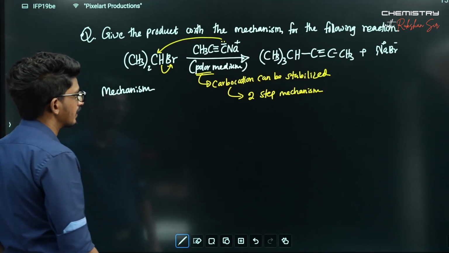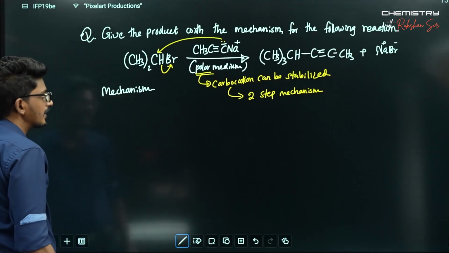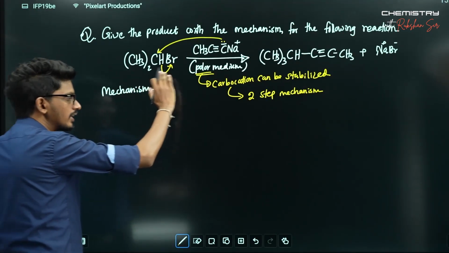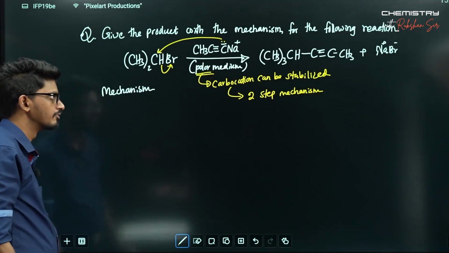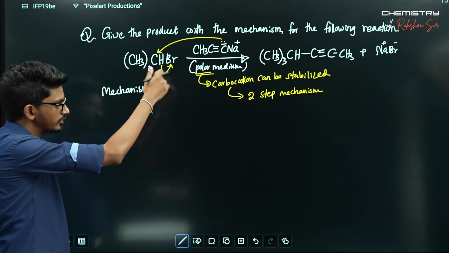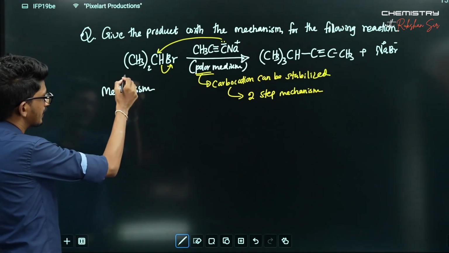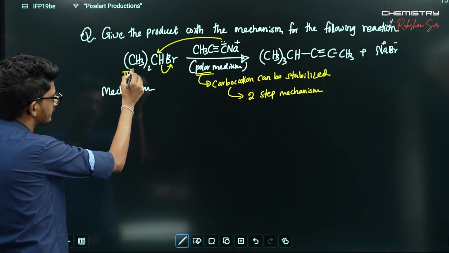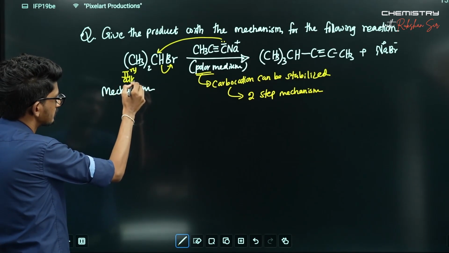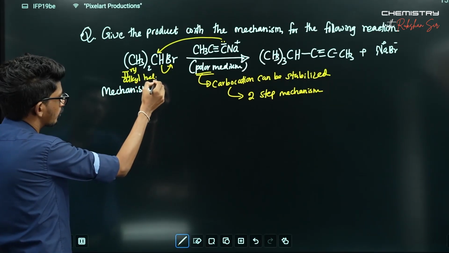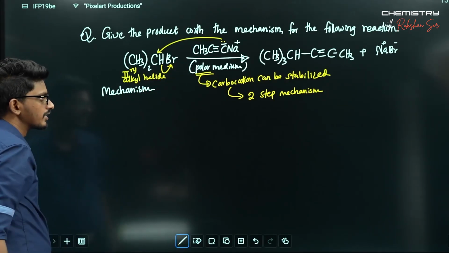It is a secondary alkyl halide. If it is a primary alkyl halide, you can definitely go to the one-step mechanism. If it was a tertiary alkyl halide, you can definitely go to a two-step mechanism. But if it is a secondary alkyl halide, then you have to think of the reaction conditions.